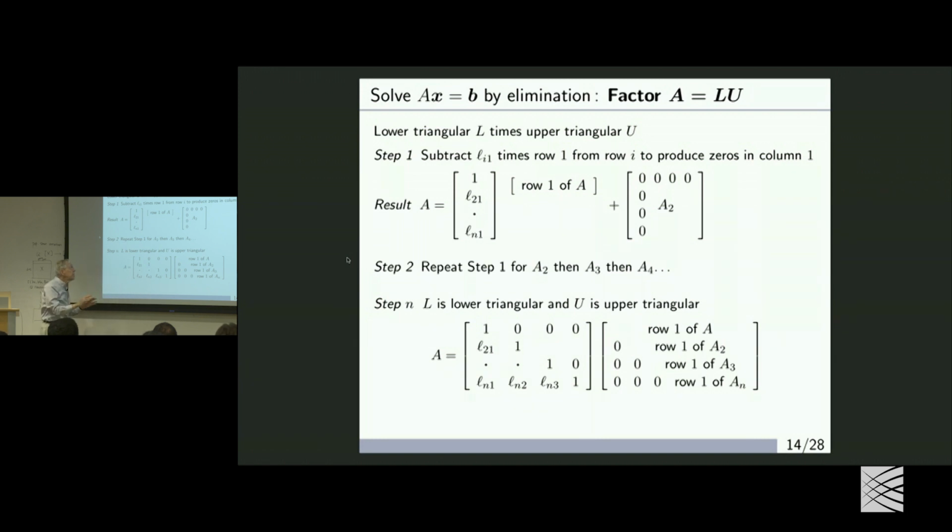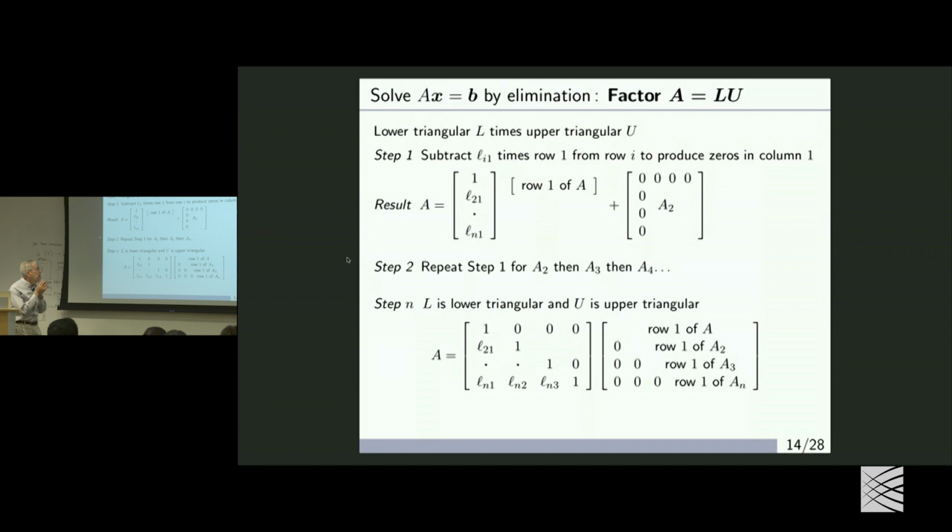So row 1 you just reproduced. But then you multiply row 1, which is multiplying the first equation, by suitable numbers so as to get zeros. So you've chosen those L's to match the first column, so that what's left is zeros.